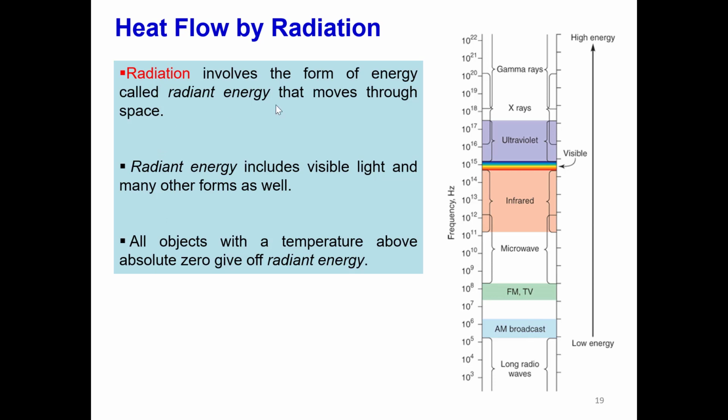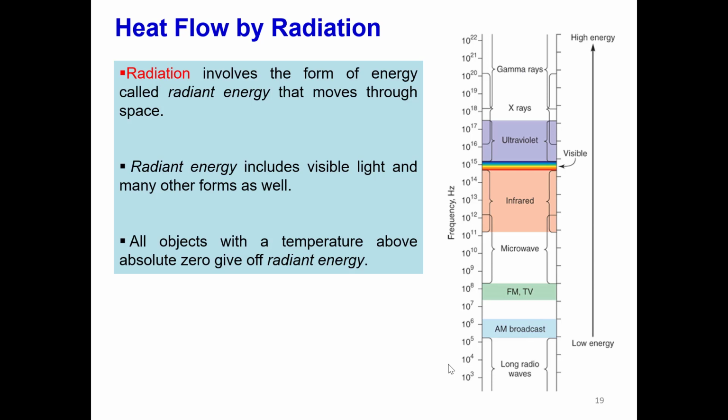Radiant energy involves a series of radiations, and one of these is visible light. You can see just a small part of the electromagnetic radiation. The whole set of all this radiation is called electromagnetic radiation.